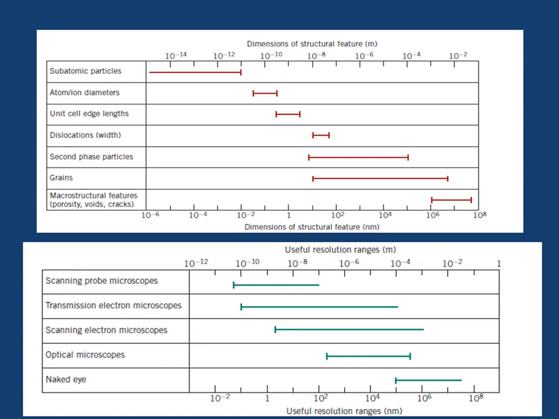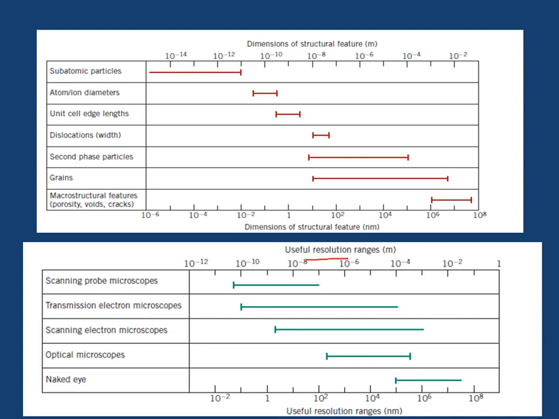The optical microscope has a useful resolution of 10 exponent minus 7 to 10 exponent minus 3 around. And the resolution we can see with our eyes is 10 exponent minus 4 to 10 exponent minus 1. Okay, all these are in nanometers.